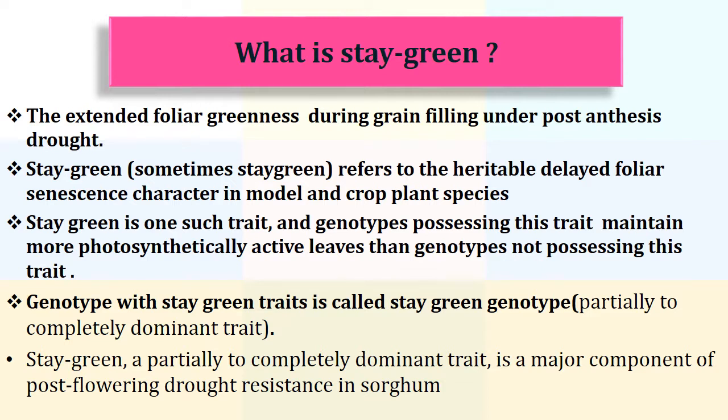Genotypes possessing this trait maintain more photosynthetically active leaves than genotypes not possessing it. A genotype with the stay-green trait is called a stay-green genotype, and it may be a partially to completely dominant trait. Stay-green, a partially to completely dominant trait, is a major component of post-flowering drought resistance in sorghum.